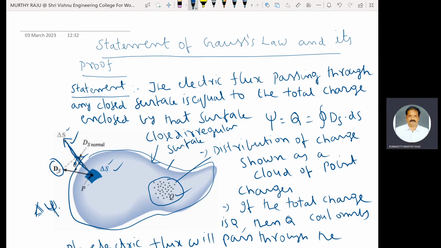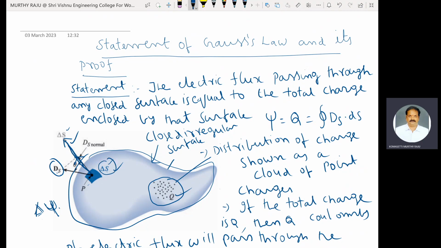This is the distribution of charge, shown as a cloud of point charges surrounded by a closed surface of any shape.